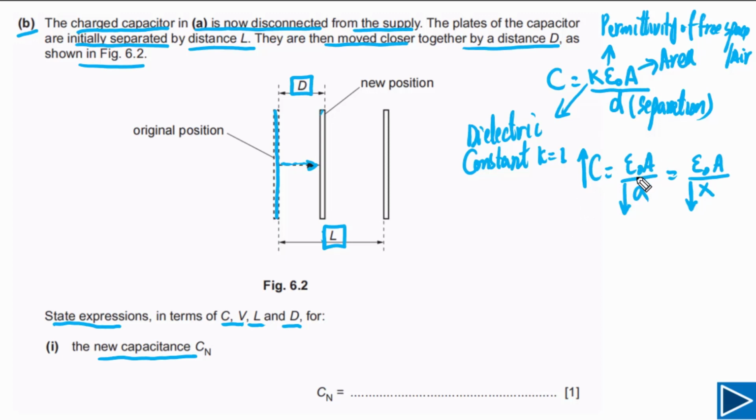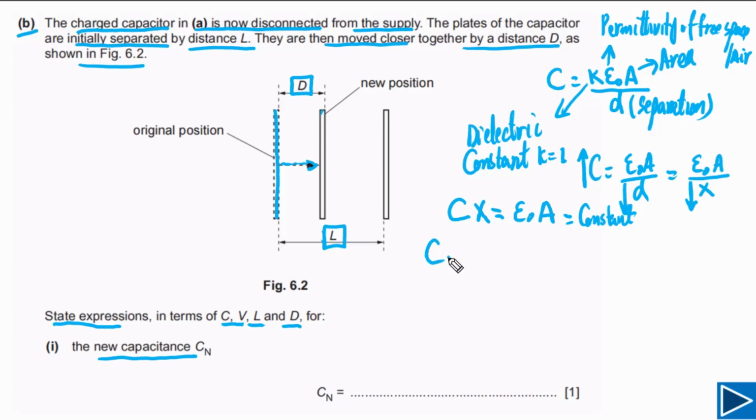Now if you look at this equation, we can simply write Cx is equal to a constant, because epsilon, the medium between the two plates, is constant. So epsilon naught is constant, and the area of the plates is also constant. Now we need to find the new capacitance.